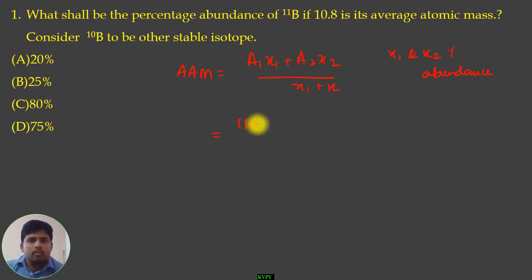11 into x plus 10 into (100 minus x), divided by 100, is equal to 10.8.